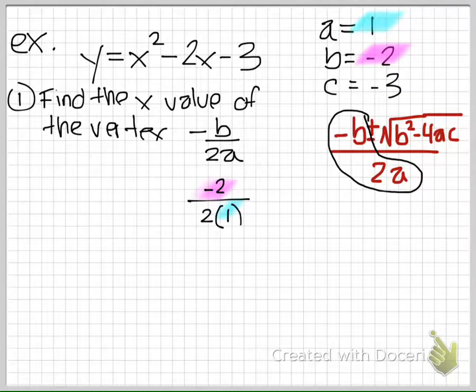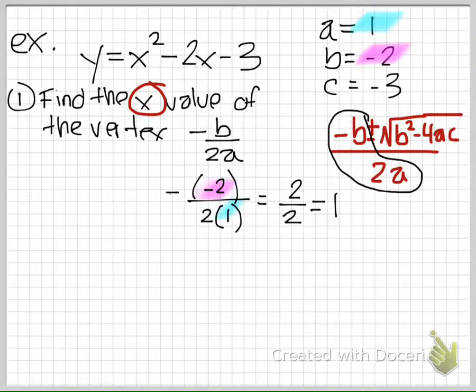A is 1, and it's the opposite of all of that. Well, it's the opposite of -2. That gives me a +2. 2 times 1 is 2. So I get a 1. Now remember, this is the x value of your vertex. That's 1.